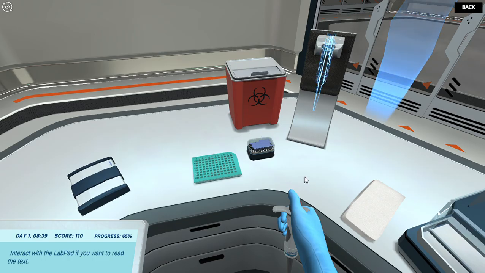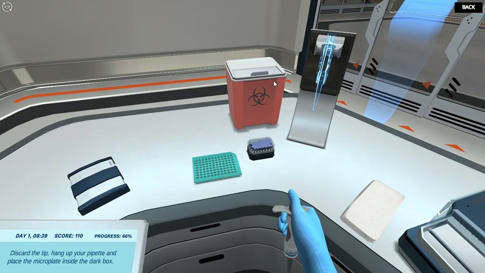We can collaborate like this every time. I'll finish the repeats after you've made the initial addition. Right now, I'm filling half of the plate with anti-IgM antibody and the other half with anti-IgG. Discard the tip, hang up your pipette, and place the microplate inside the dark box.